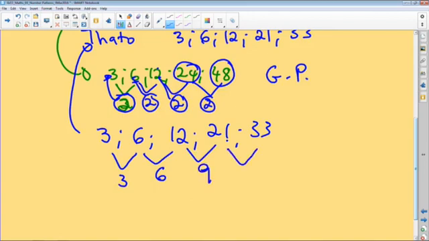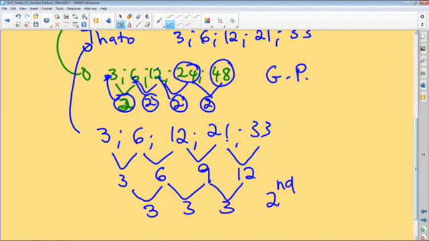And then the 33 minus 21, it's a 12. So she looks at this and says, this is 3, 6, 9, 12. So it means that the next one would be 15 and so on. But then 6 minus 3, 9 minus 6, which is 3. Then 12 minus 9 is 3. And this is the second constant difference, which is a quadratic pattern.